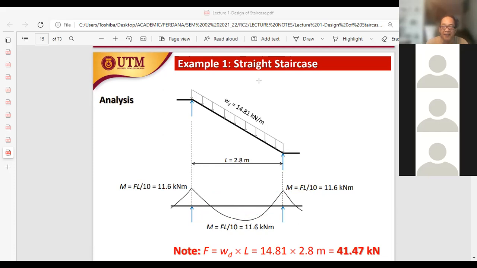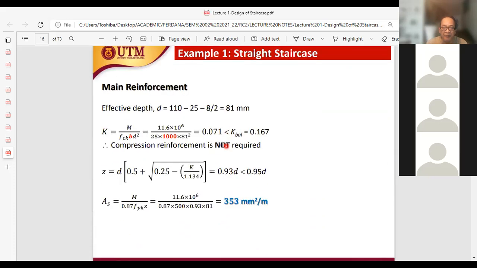Yeah. Moving on, now kita evaluate. We already have our bending moment. Maka if you notice the equation that we are using ataupun the equation shown di sini, these are the basic equations of a rectangular section. A rectangular section yang mana lebar B is taken as 1 meter.